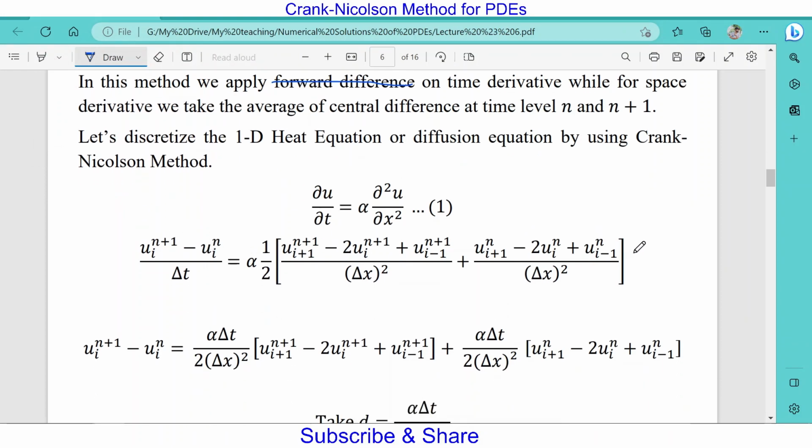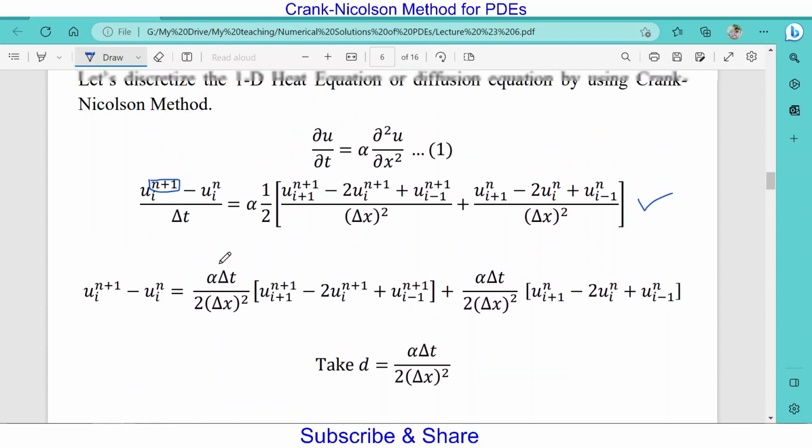So this is how we discretize equations using the Crank-Nicolson method. This is the first equation, and then we will try to get the n plus 1 terms on the left hand side. After multiplying it, this is going to be a constant.